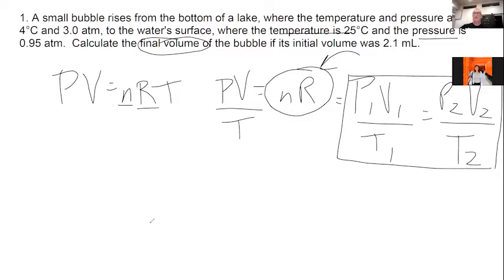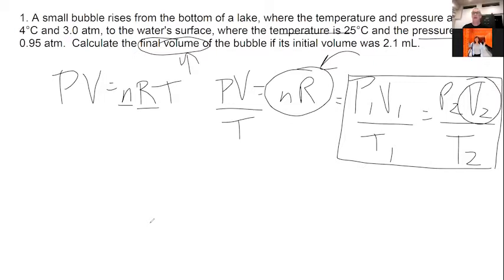So now all I need to do is solve for V2, because that's the question, right? The question is the final volume, or the second volume. So now all I need to do is multiply each side by T2 and divide each side by P2. And there's my setup.